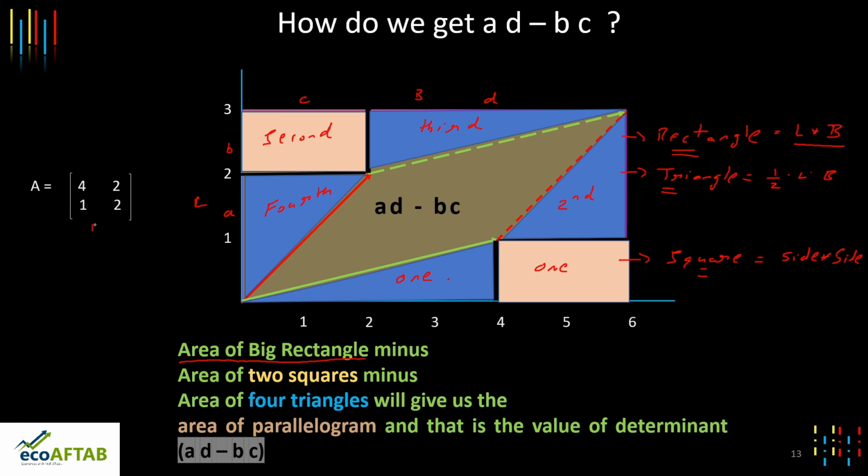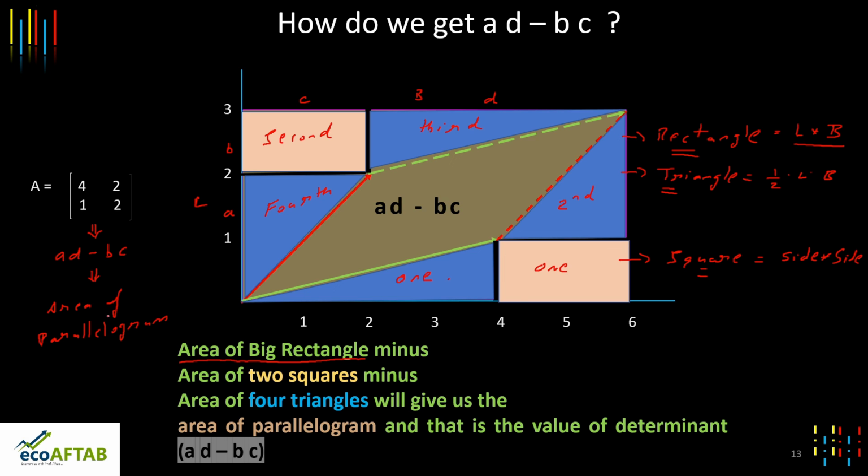So in the case of a 2 by 2 matrix, when we get AD minus BC, it is nothing but the area of the parallelogram.